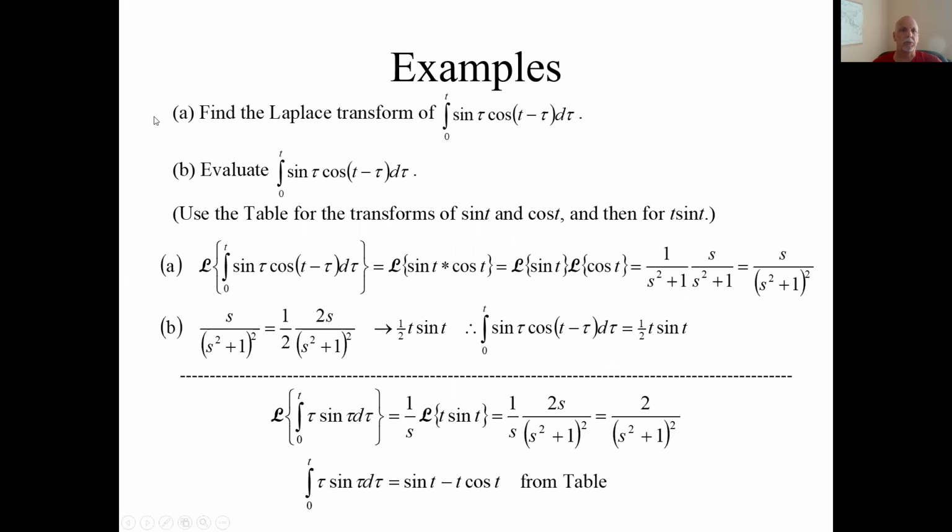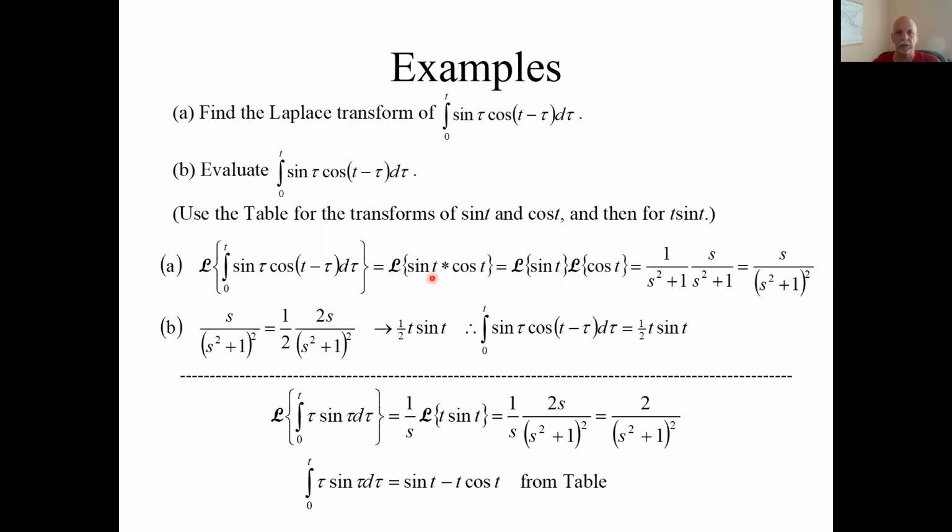Let's do some examples. Let's find the Laplace transform of this thing and then evaluate that integral. Well, let's see. This thing up here is the convolution of sine and cosine. Be careful, it's not the convolution of sine and cosine of t minus tau or something.